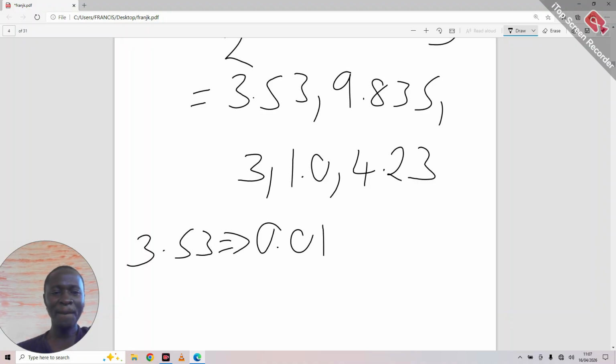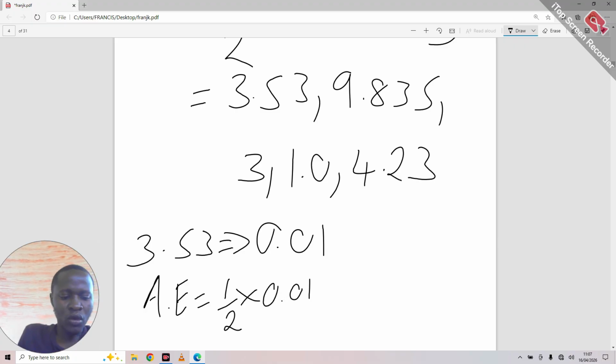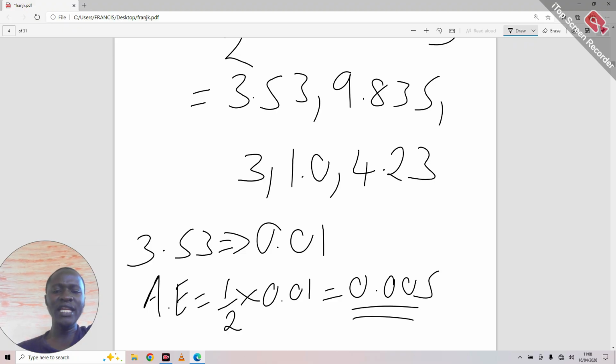That means the absolute error in 3.53 is a half multiplied by 0.01. So having that in your calculator, a half multiplied by 0.01 is giving us 0.005. Now, this is the absolute error in 3.53.